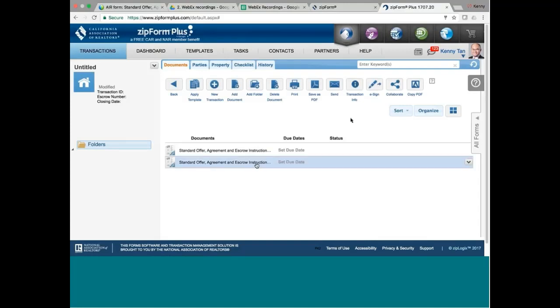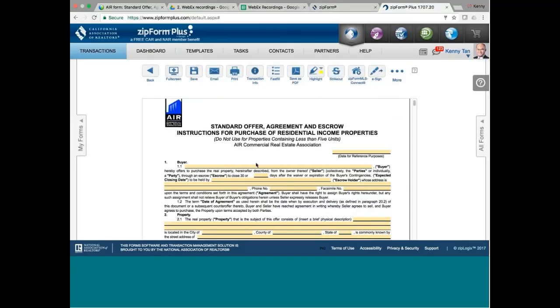And let me open up the form. It says, do not use for properties containing less than 5 units. Now, if you have a 4-unit apartment complex, you use the CAR form. CAR has a similar form, okay? You do not use the AIR form.